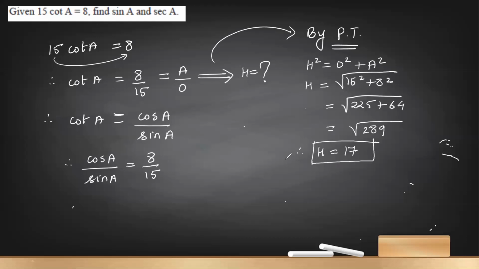If you see, after solving this, the hypotenuse that we get is 17. H is equal to 17. So that's easy for us to find the other values. So what is sin A? Sin is opposite upon hypotenuse.